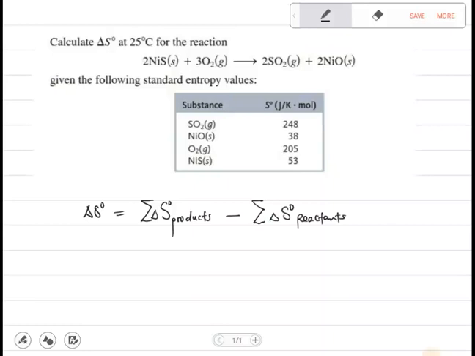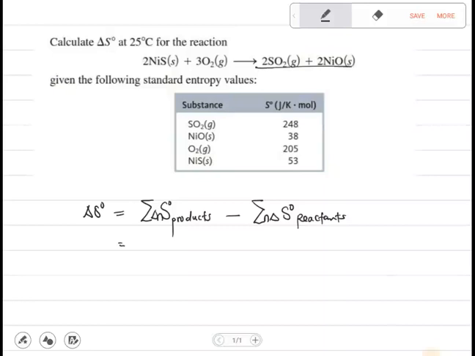And this should always be counted by number of moles. So we are going to include the number of moles here, and also here. Those are important for every product and every reactant. Let me break it down.